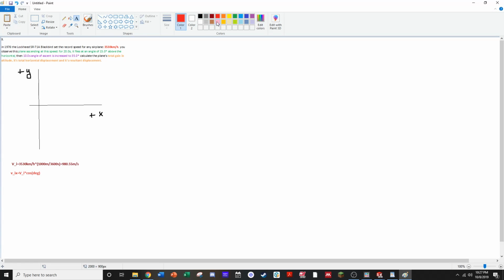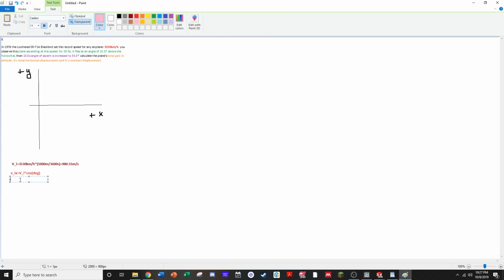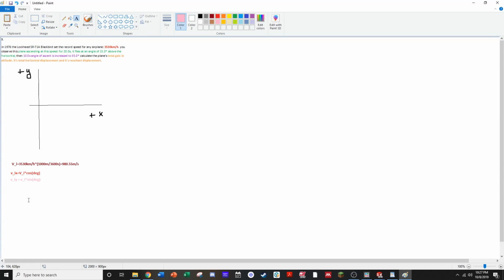And then the initial velocity in the y direction is v sub i times the sine of the degrees of the angle.